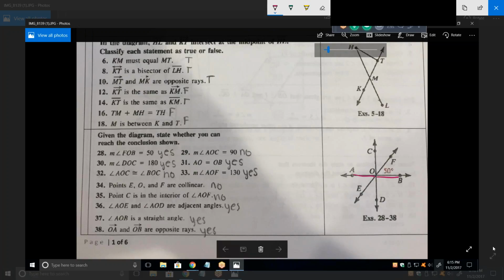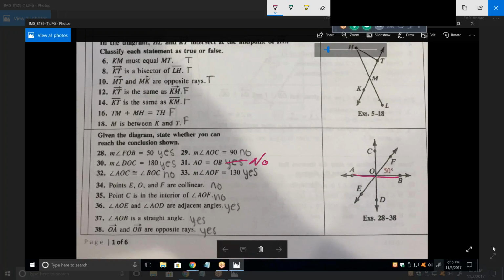Why? No. I don't see anywhere in this diagram that indicates anything is being bisected. So it's no? I would say no, yeah.